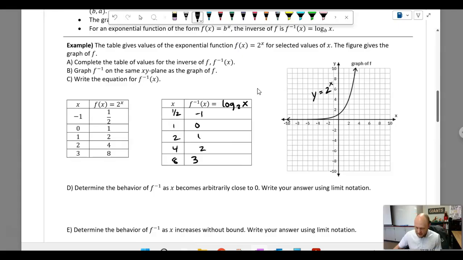Again, the base stays the same. When I graph this, I'm going to go ahead and graph my reflection line, the identity function, just so you can see that reflection. And so our inverse: 1 half, negative 1; 1, 0; 2, 1; 4, 2; and 8, 3. And so this graph is going to look like this.